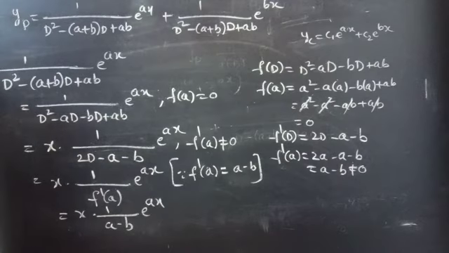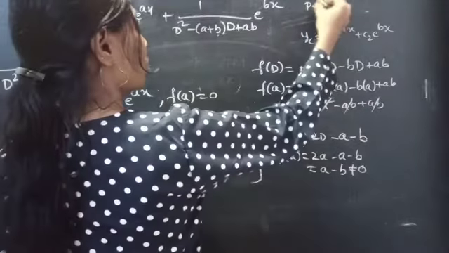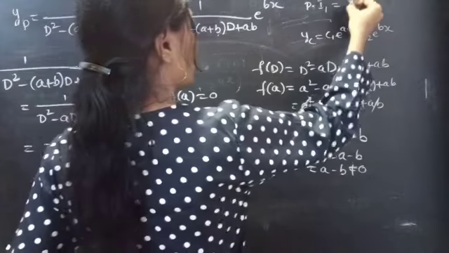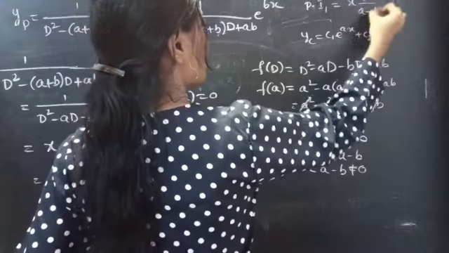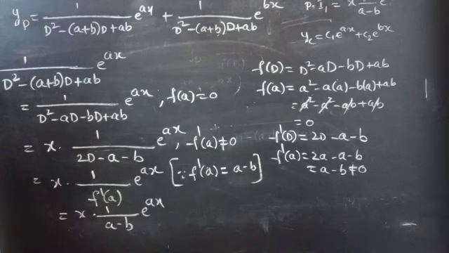So we got the first value, that is yp1 equals x into 1 by a minus b into e power ax. Now let's find the second one.